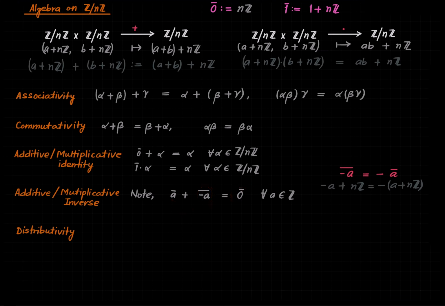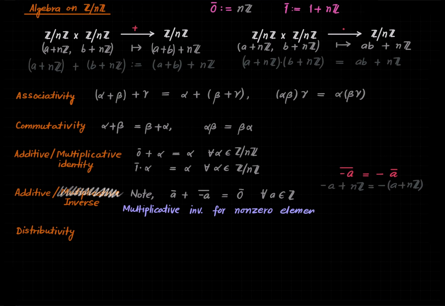But what about multiplicative inverse? Multiplicative inverses do not necessarily hold. Why is that? This merits an example. Multiplicative inverses may not exist for non-zero elements.